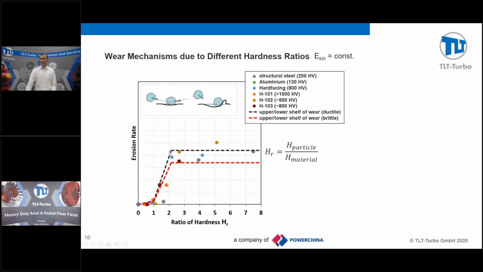So when the hardness of your particle is 2 times the hardness of your base material, the maximum is reached here. When you increase the hardness of your base material, the erosion rate will drop significantly until a factor of 1. So this means base material and particle have the same hardness. And then it will drop further, but not so much.